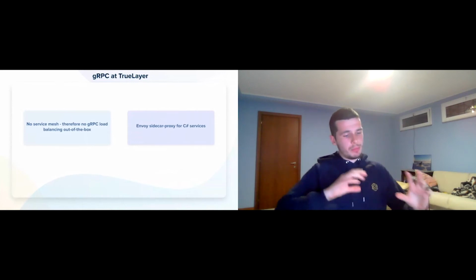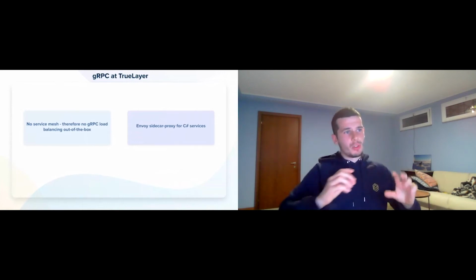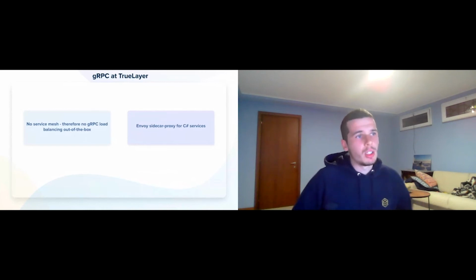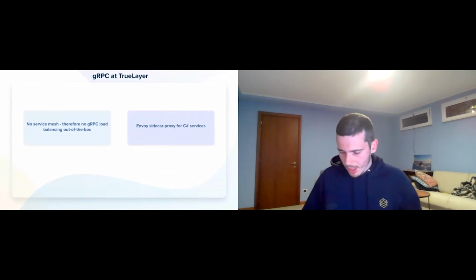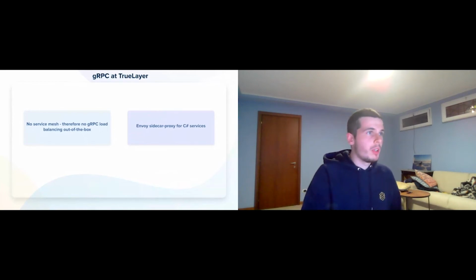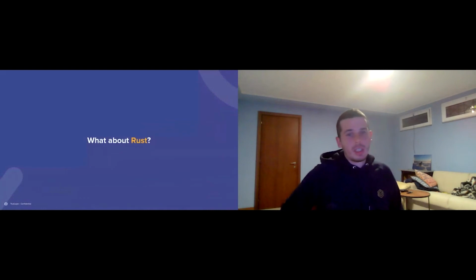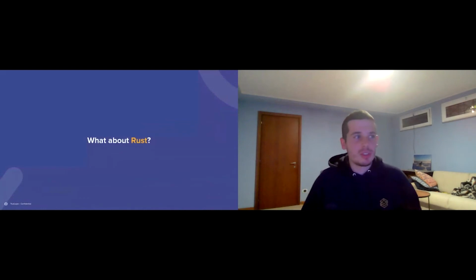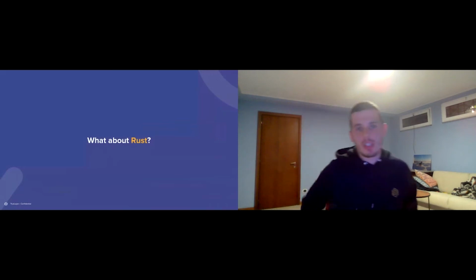And at that time, our C# services used, and they still use, Envoy sidecar proxies to enable load balancing. And this was because there were some shortcomings in the client implementations in C#. So since we started adopting Rust, we thought this problem hasn't been solved throughout TrueLayer. Let's explore what's in Rust.